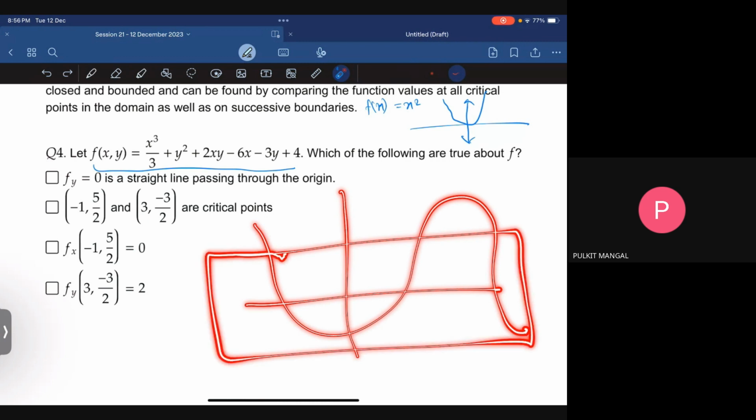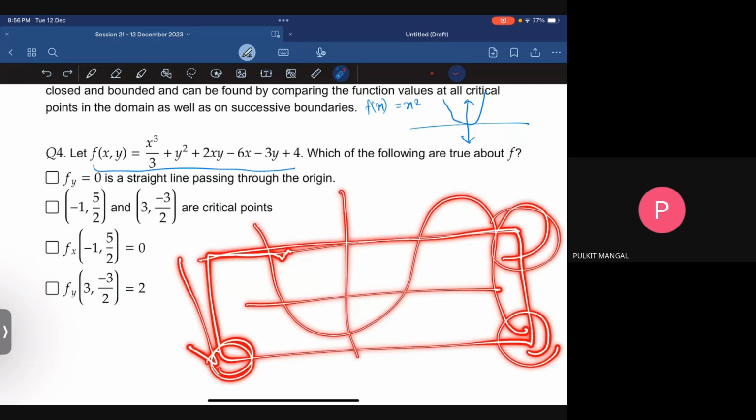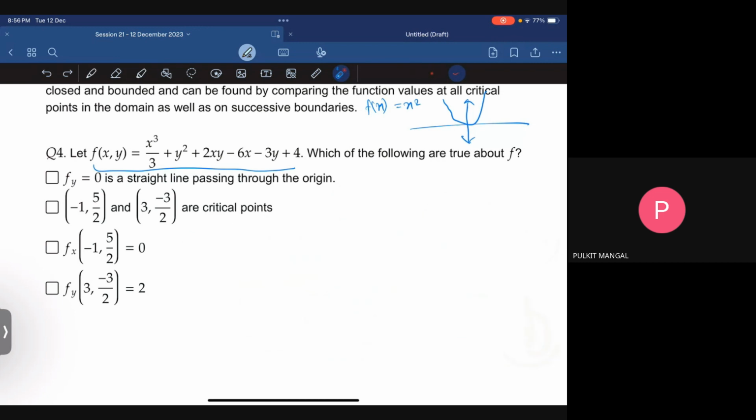First find the critical point. Then the second thing you need to do is find the function value at the border region, that is, what is my maximum or minimum value along this boundary, along these corners. You need to find that and compare these values. That's all there is.